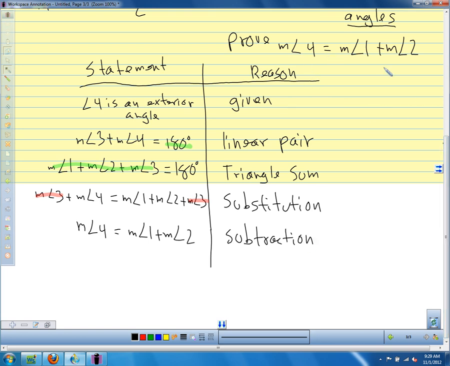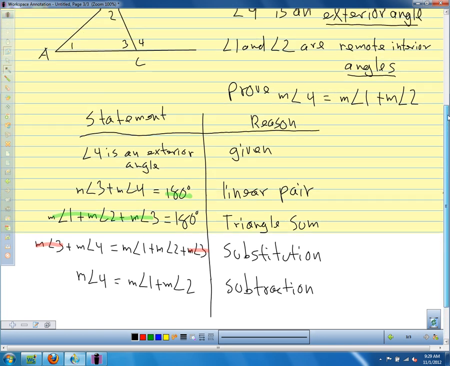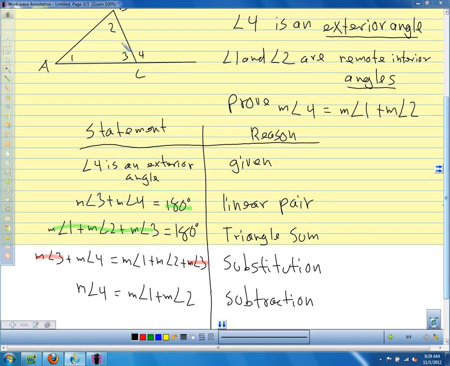That the measure of angle 4 equals the measure of angle 1 plus the measure of angle 2. And this works because these two have to add up to 180, and all three of these have to add up to 180. So these two added together have to be the same as angle 4.